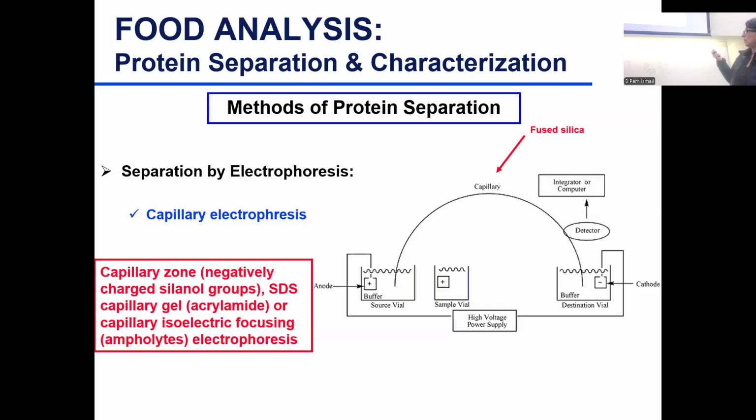So the capillary tube would be negatively charged, and your samples, positively charged, will be interacting with the silanol and separating. And then you would have a detector similar to HPLC. So basically you separate the protein, but instead of a regular running buffer, you would have a buffer between two electrodes and a voltage, and then a detector similar to HPLC.